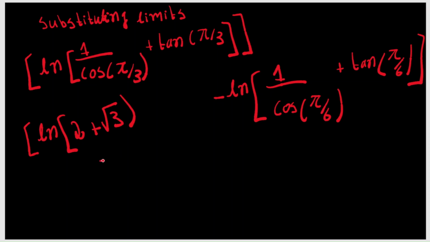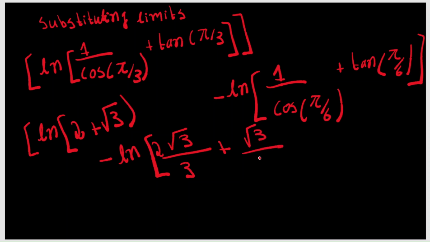Minus ln, now see what 1 over cos pi by 6 is. It is 2 root 3 over 3, and plus tan pi by 6, which is root 3 over 3.